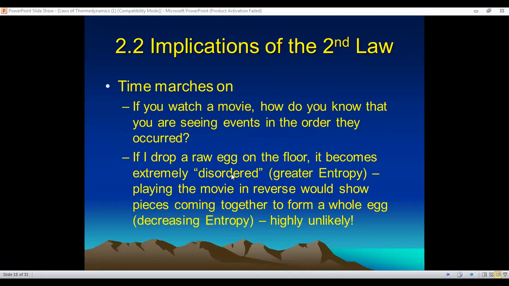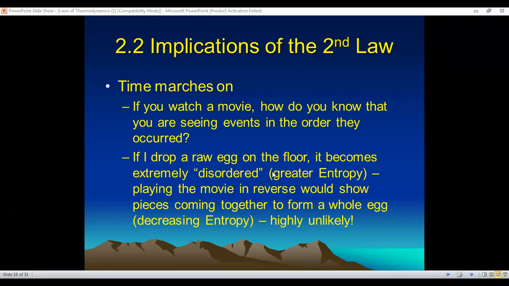If you drop a raw egg on the floor, it becomes extremely disordered, with greater entropy. Playing the movie in reverse would show pieces coming together into a whole egg, decreasing entropy.